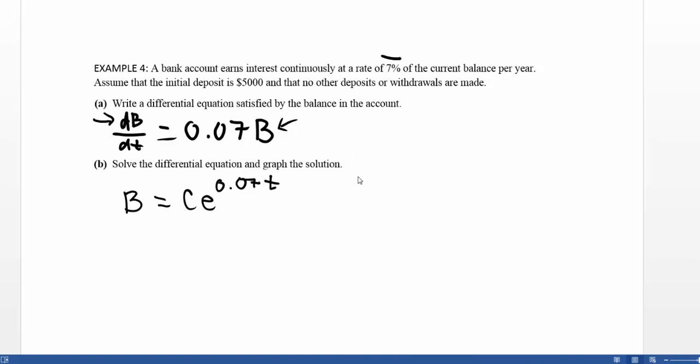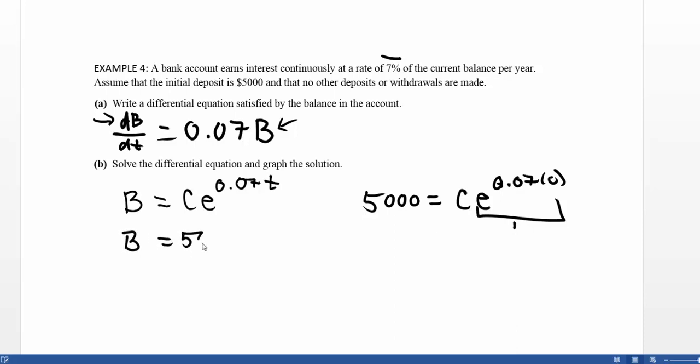Now we want to solve for C. So we know that the initial amount is $5,000. So the balance is $5,000 when time equals 0. So if we plug in a 0 here, this term is 1. Therefore, C is 5,000. So B equals 5,000 e to the 0.07 t.